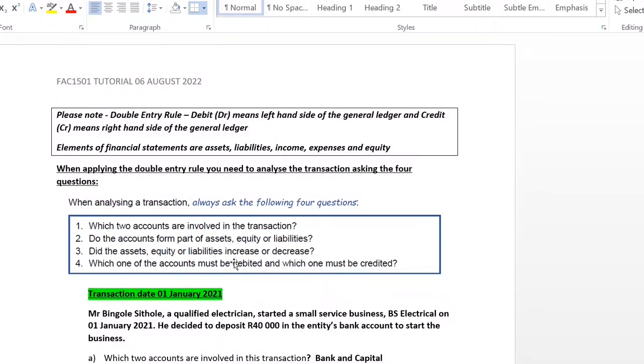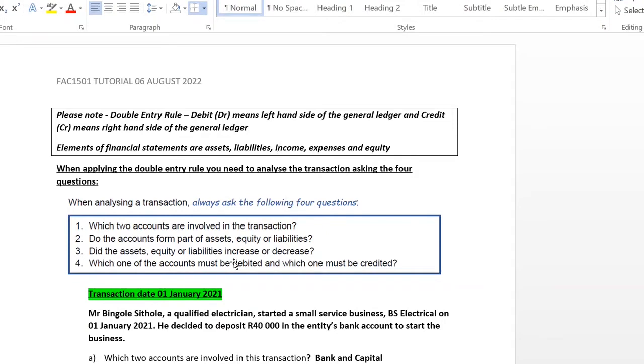Remember, we're talking about that example of Walton's, whereby the customer bought stationery worth 5,000 and the two accounts were sales and bank.